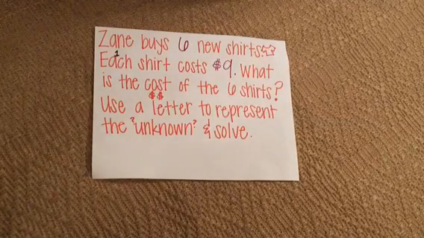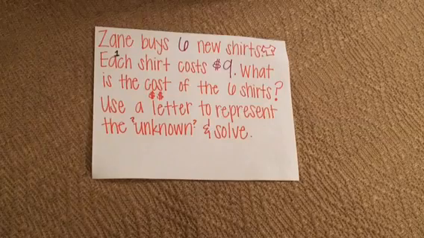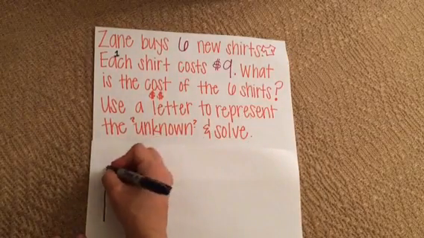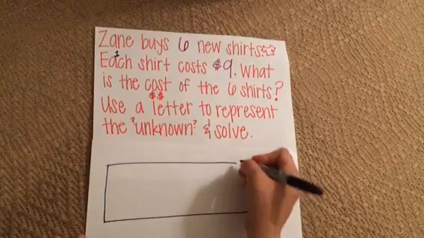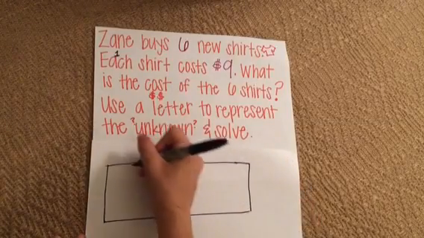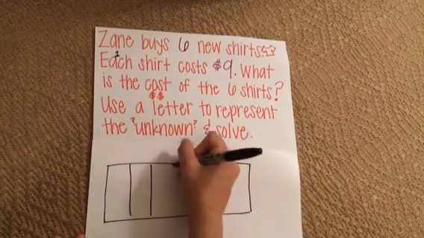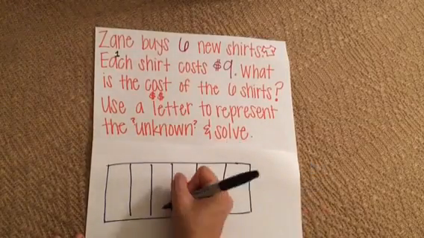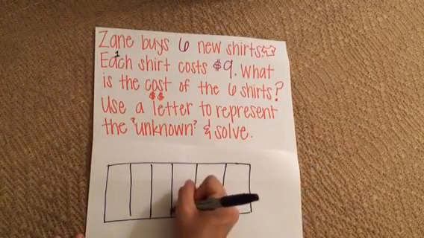So in this one, we get to use any letter we want. Okay, let's go ahead and draw our picture. So Zane bought 6 new shirts. Draw my tape diagram, 6 groups. 1, 2, 3, 4, 5. Try to make that as equal as possible.